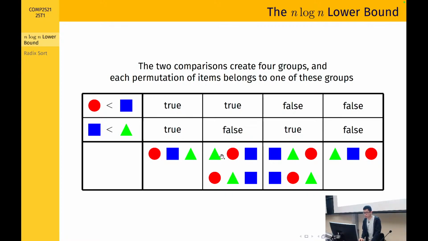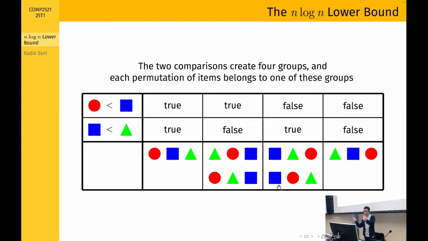So it's possible that this permutation is sorted, or this permutation is sorted. And same for this result here. If it turns out that square was less than circle, and square was less than triangle, then we know that square is the smallest.